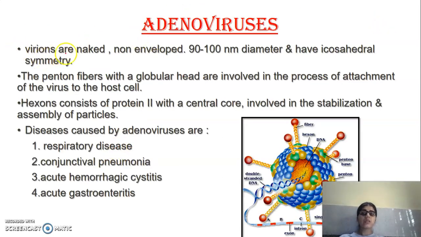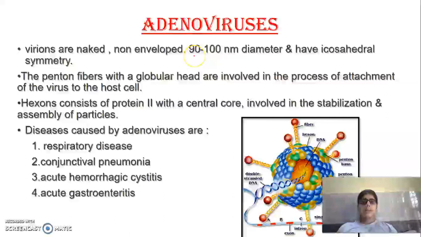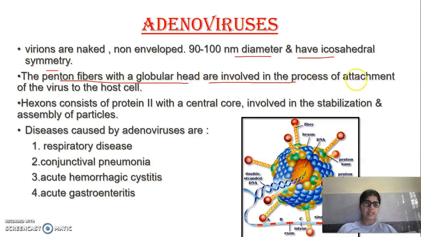Adenoviruses. Virions are naked, not enveloped, 90 to 100 nanometers in diameter, and have icosahedral symmetry. The pendant fibers with a globular head are involved in the process of attachment of the virus to the host cell.